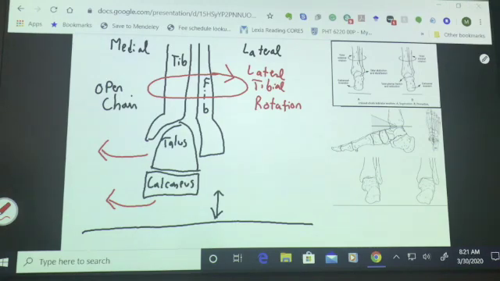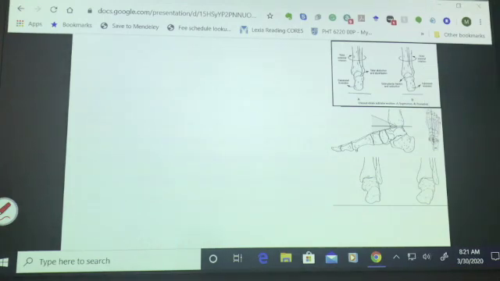So that's the open chain. Calcaneal inversion, talus adducts, lateral tibial rotation. Now the closed chain. Big differences here. Here's my ground.